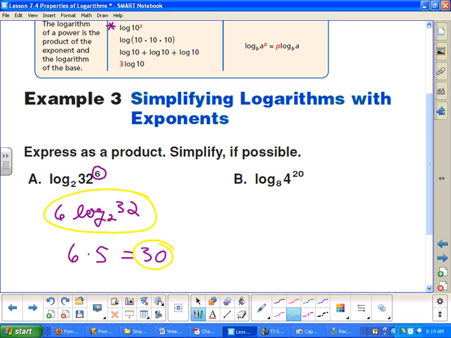Letter B, we have log base 8 of 4 raised to the power of 20. So I can take this 20, since it's the exponent just for a single logarithm, I can move it to the front. So this becomes 20 times the log base 8 of 4.